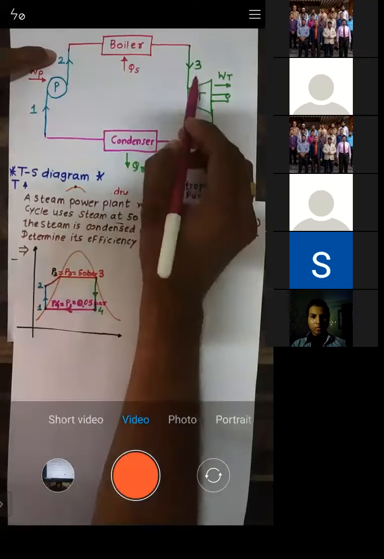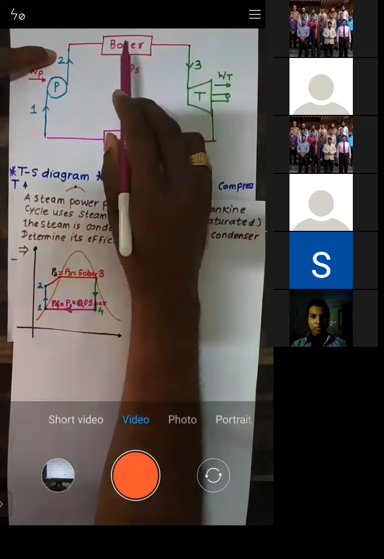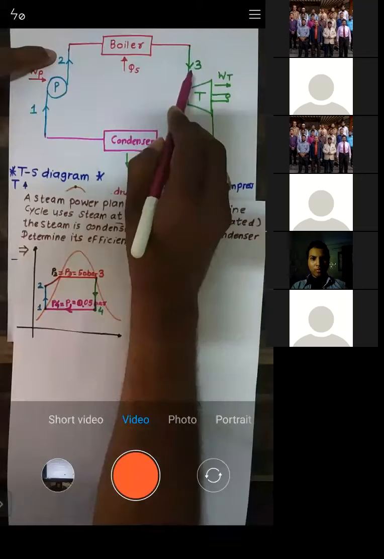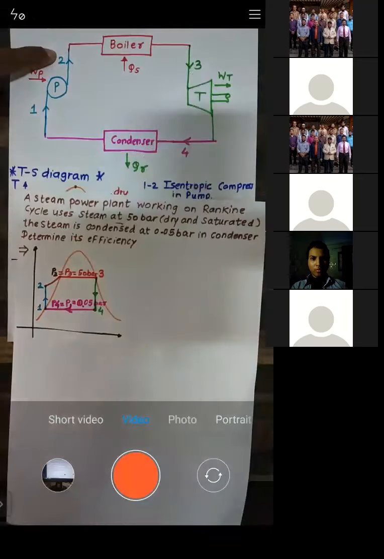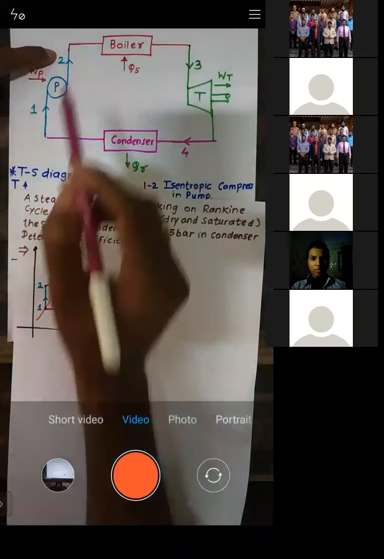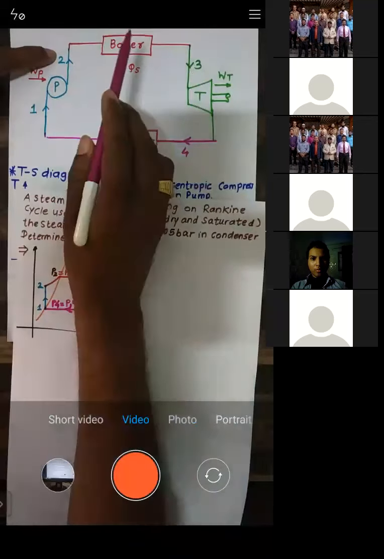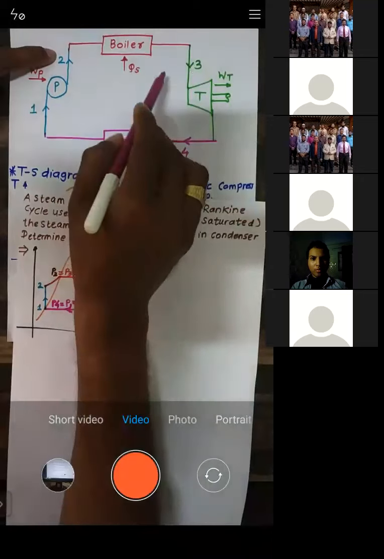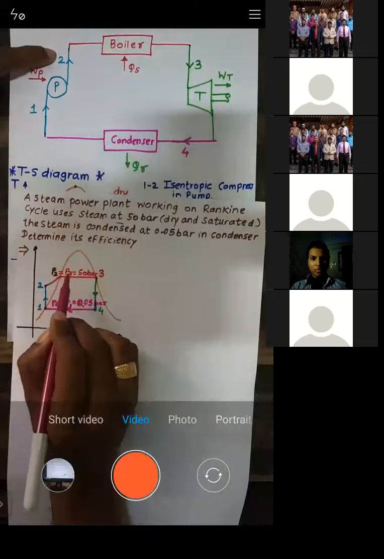Similarly, point number 3 is outlet of the boiler and inlet to the turbine, right? So the process 2 to 3 is conducted in a boiler at a constant pressure. That is the reason why pressure at point number 2 is equal to pressure at point number 3.